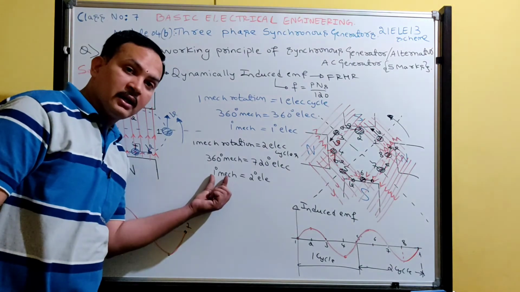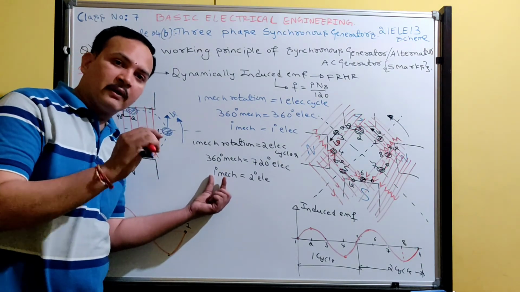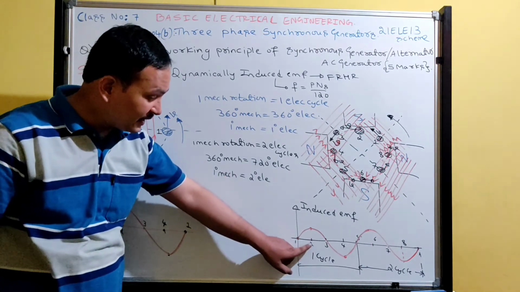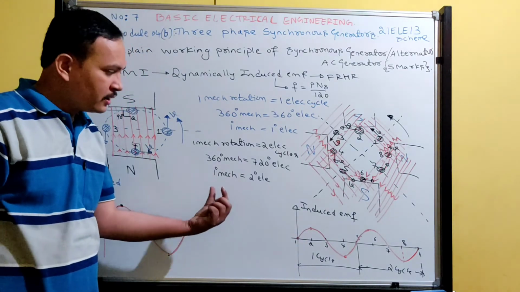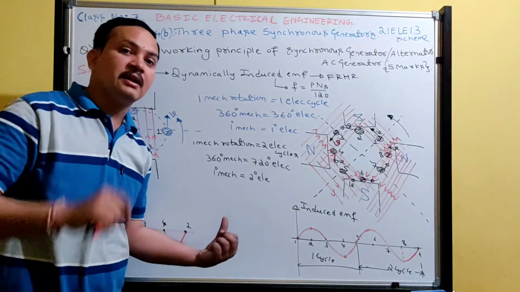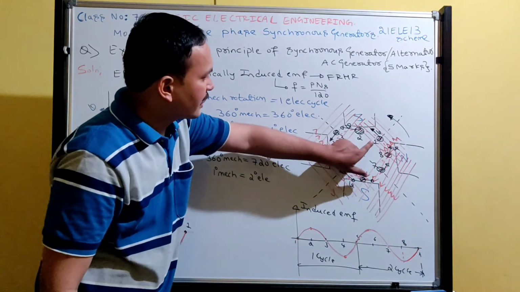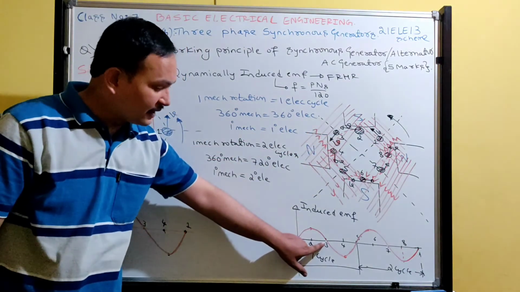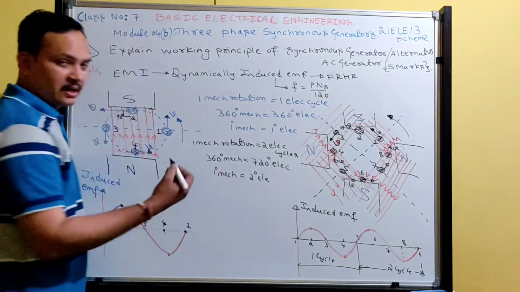If the mechanical angle is 45 degrees, at that point it cuts the flux and we get an induced voltage at where? At 90 degree electrical. So when the conductor rotates 45 degrees, we get the induced quantity at 90 degree electrical. Similarly, when the conductor rotates by 90 degrees, we get the induced quantity at 180 degrees. Got it? So it is double.